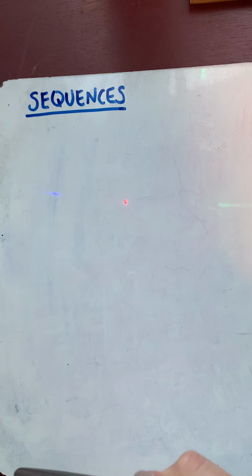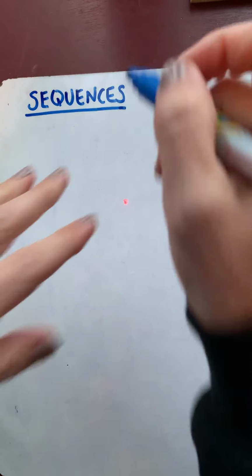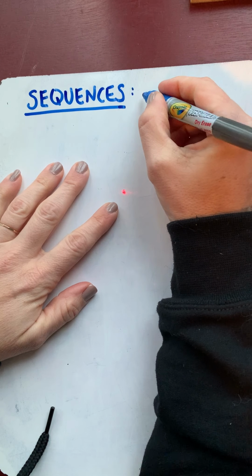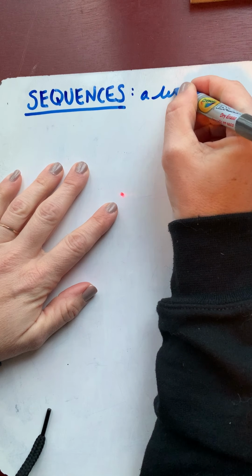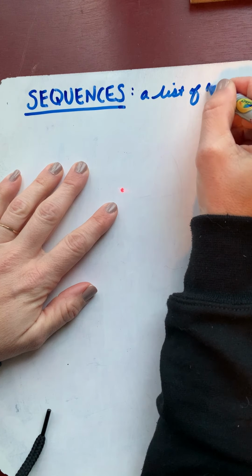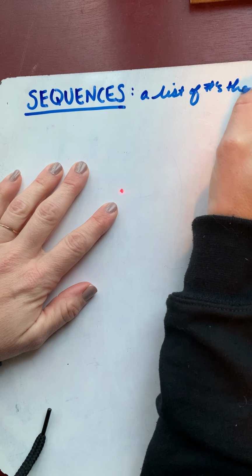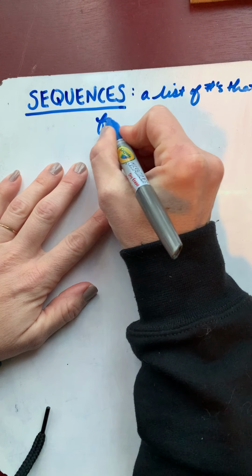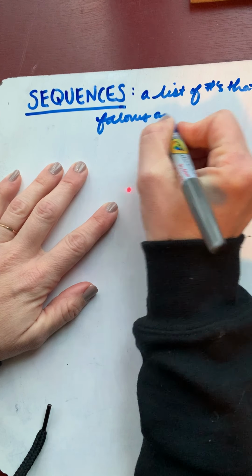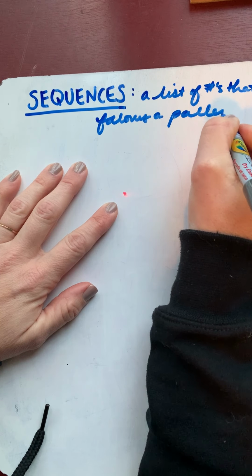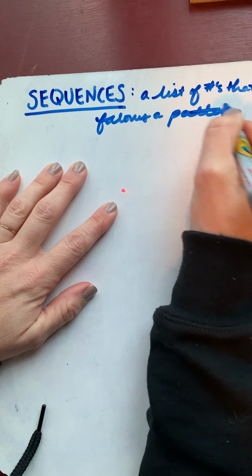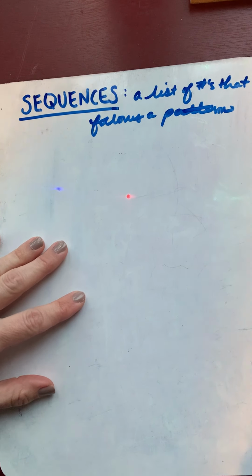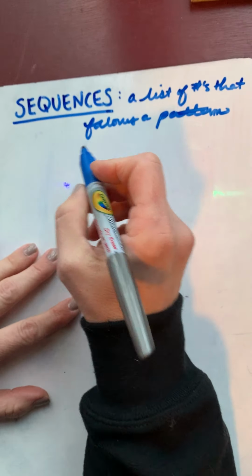So a sequence is basically just a list of numbers that follows a certain pattern. But of course, it's not that easy. When you were maybe taking the SATs or whatever, you saw sequences.